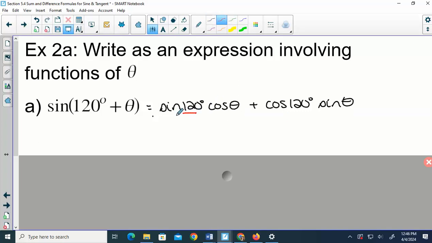Alright, for 120, what quadrant is that? 2. Reference angle? 180 minus 120 is 60. Okay, and quadrant 2 is sine positive or negative? What's the sine of 60? Radical 3 over 2.